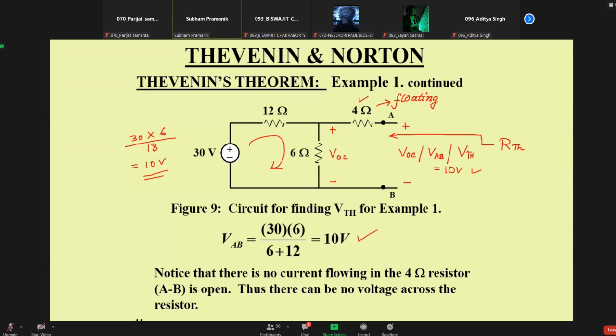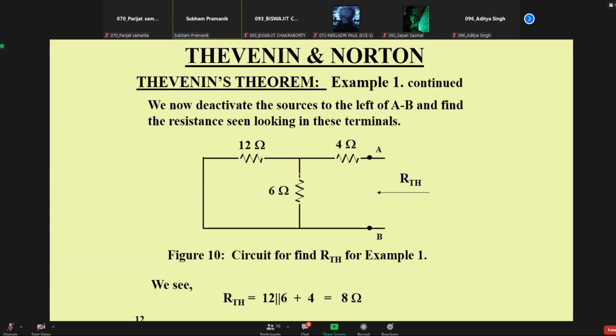Anyway, now the task is, from these two terminals AB, you need to find RTH by deactivating all the independent sources. Deactivating a voltage source means it will be replaced by a short. We replace that 30-volt voltage source by a short circuit. If you look from these two terminals, 12 ohm and 6 ohm are in parallel, and that combination is in series with 4 ohm.